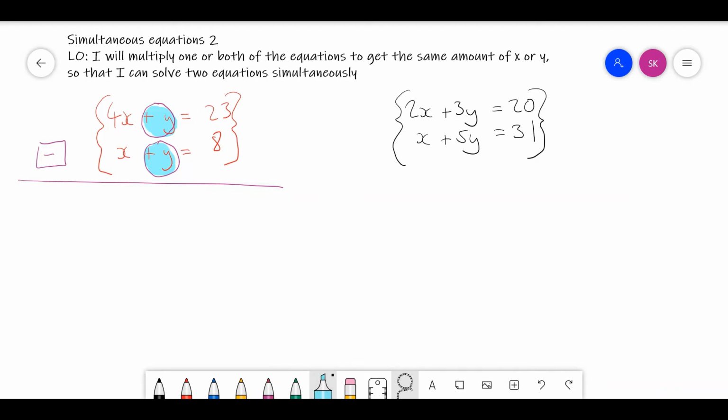But on the right hand side, the number in front of x is 2 and 1, so they're not the same. And the number in front of y is 3 and 5, so they're not the same. And so today's lesson is looking at how to solve simultaneous equations when we don't have the same number of x's or y's in either equation to start off with.